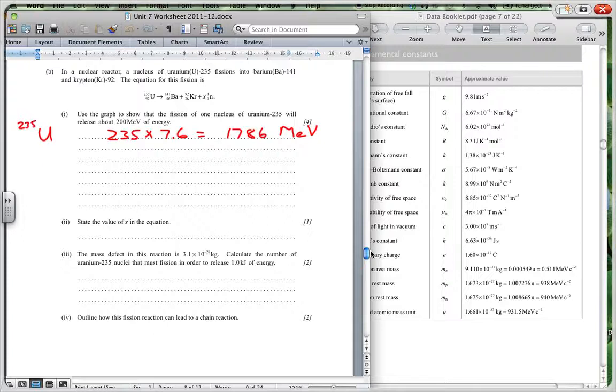For your barium 141, you're going to get 141 times 8.4, and that gives you 1184.4 mega eV. And for your krypton, which is 92, that's going to be 92 times 8.7, the binding energy per nucleon. That's going to be 800.4 mega eV.